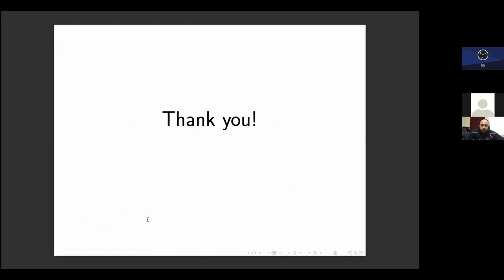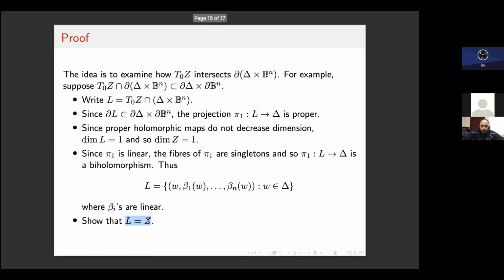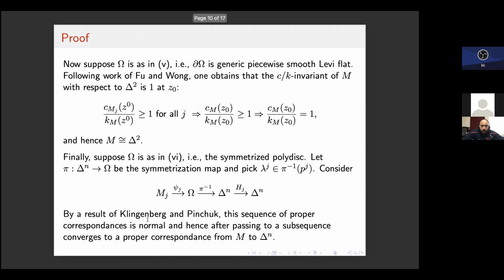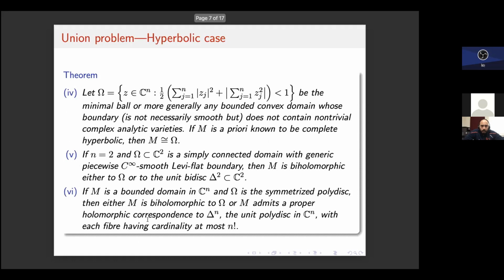Diganta, I had a question about the first theorem. You made some remarks about needing some additional hypothesis. I wonder if that is even needed. First of all, isn't the minimal ball already Kobayashi complete?